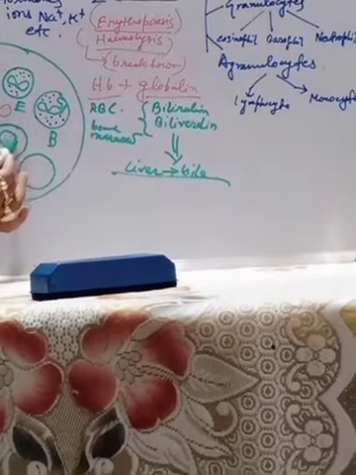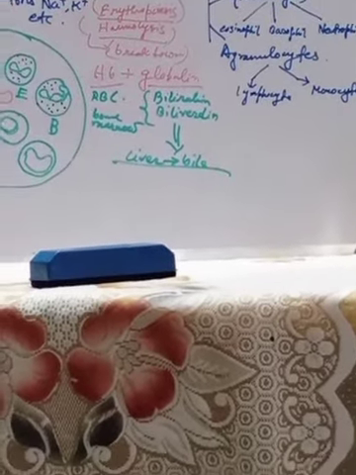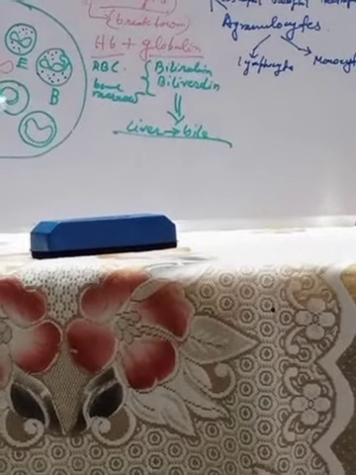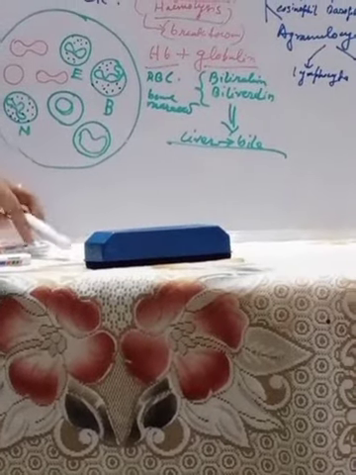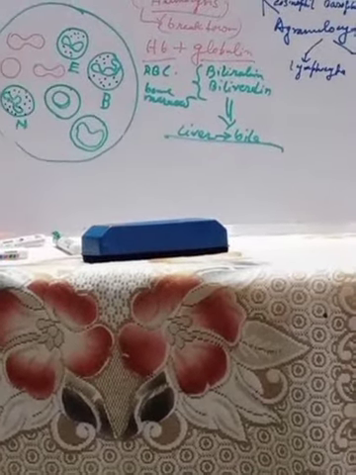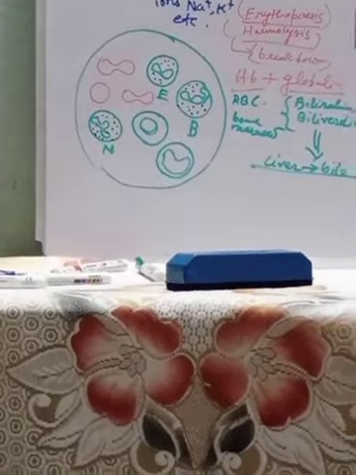Lymphocytes are somewhat round in shape, and the monocytes have a kidney-like shape. Clear? So here I have drawn the 5 types of WBC, both the granulocytes and the agranulocytes.